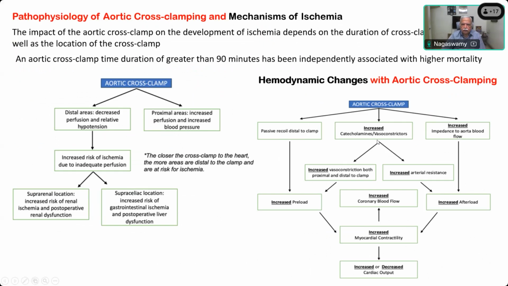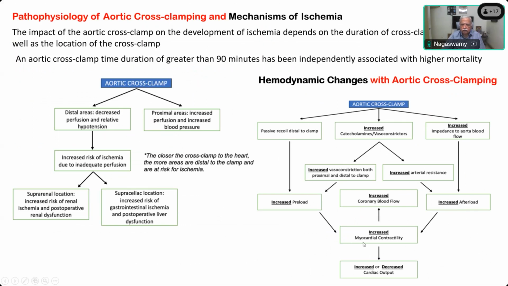So when there is increased catecholamine, increased vasoconstriction, both proximal and distal, and increased arterial resistance, this leads to an increase in the preload, and this leads to an increase in the afterload also, both in impedance to arterial blood flow as well as the increase in arterial resistance. They produce an afterload resistance increase to the heart.